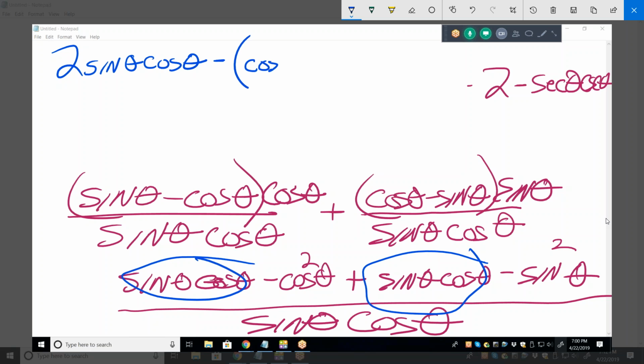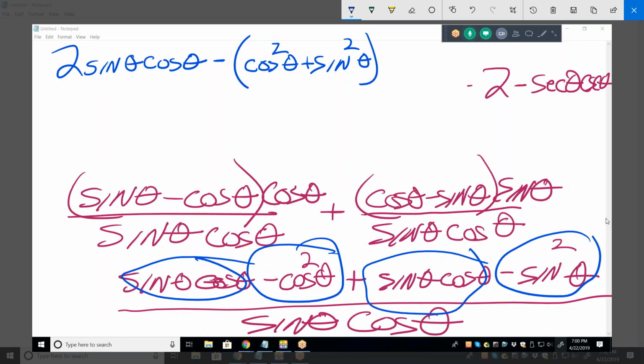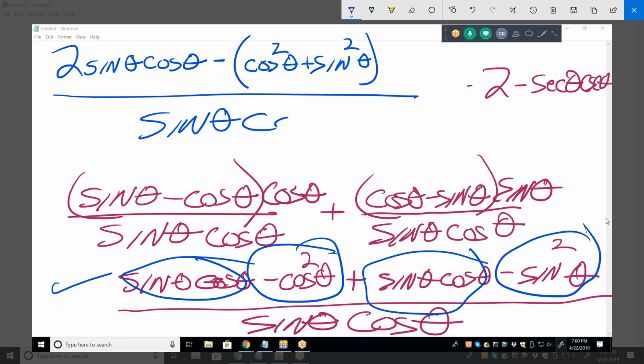Notice that this becomes cosine squared theta plus sine squared theta. I've got this one, and I've got this one. But if I put them together like this and put the negative sign out front, that's the same. In other words, all I've done is gathered like terms, right? All over sine theta cosine theta. With me? And this has got to equal that thing over there on the right.